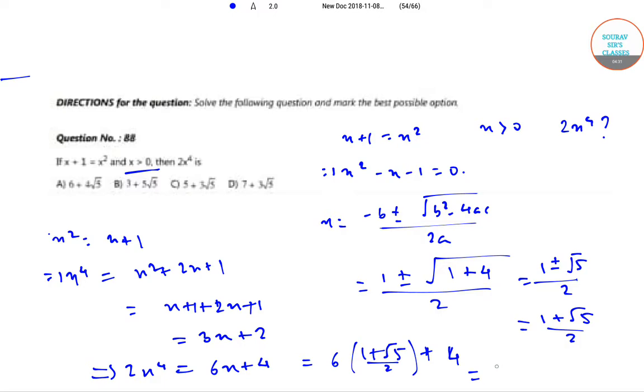This is equal to 3 plus 3 root 5 plus 4, that is equal to 7 plus 3 root 5. So option D.